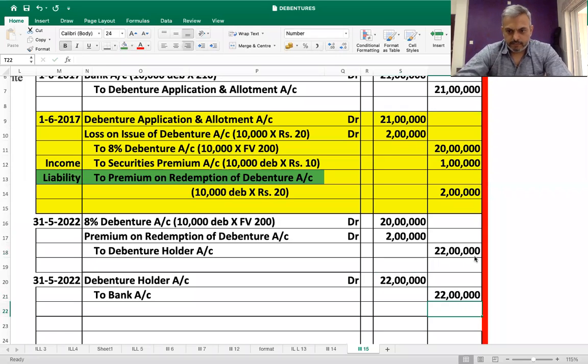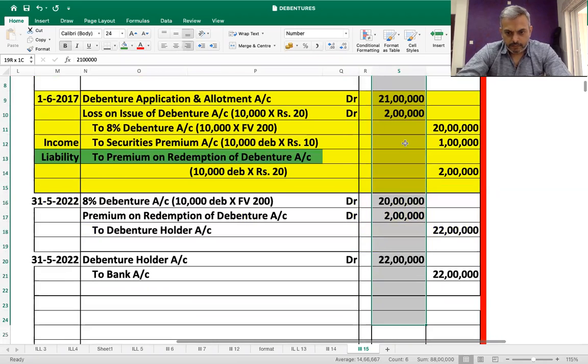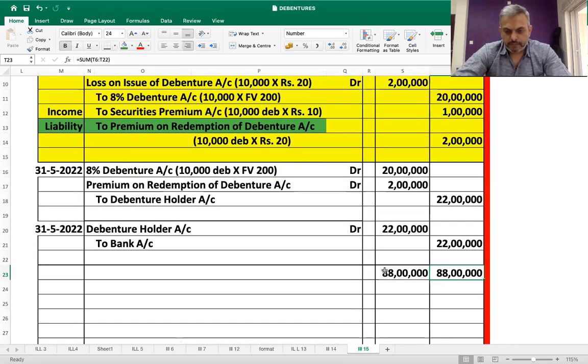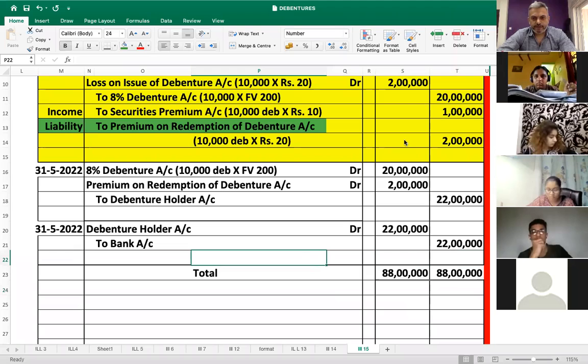So do the totals. 88 lakh, 88 lakh. I hope you have understood all the three conditions.